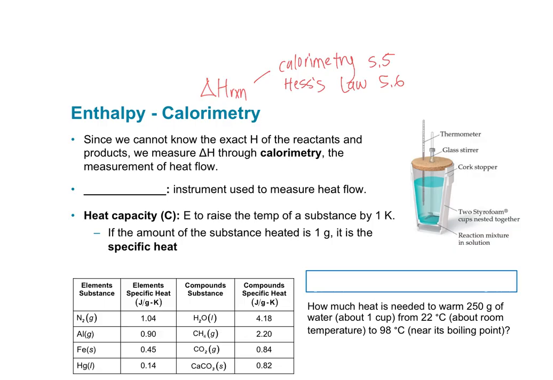We're going to study enthalpy of formation, or delta HF, in 5.7. And then lastly, we're going to do bond enthalpies in 5.8. So this is the rest of the chapter with those 4.